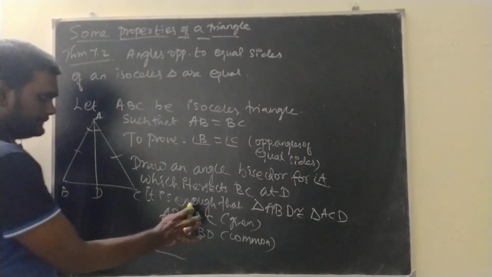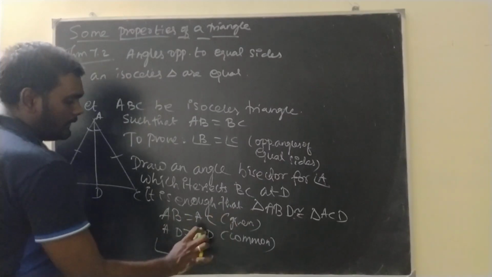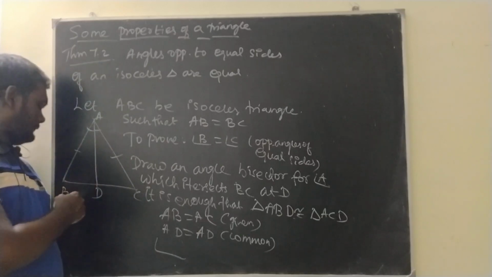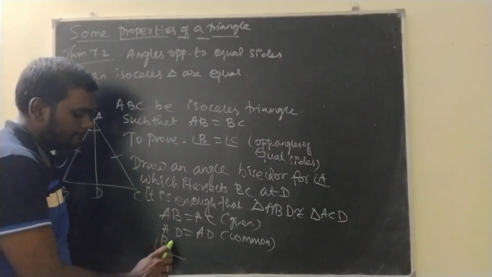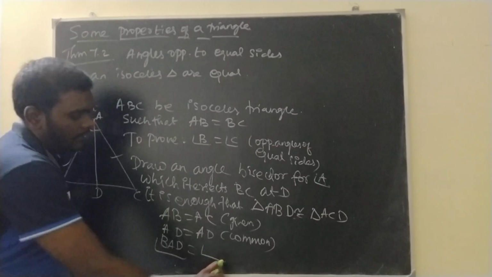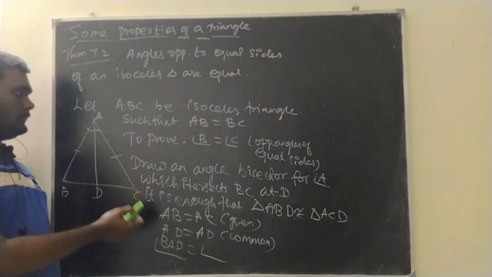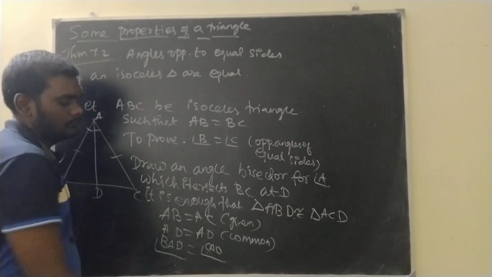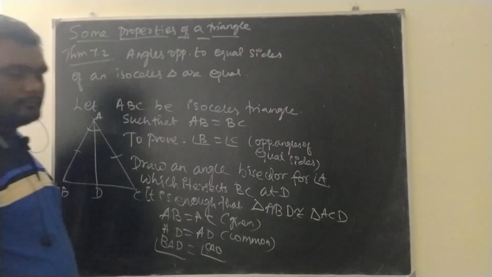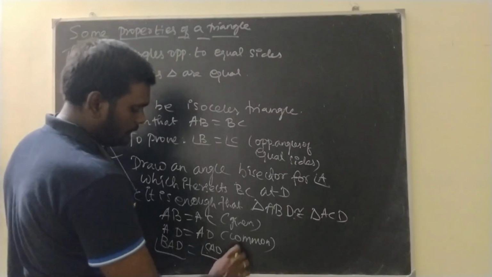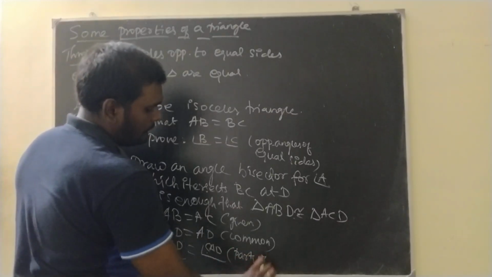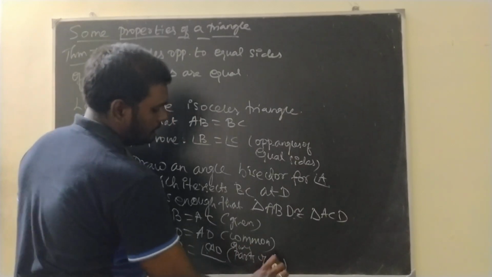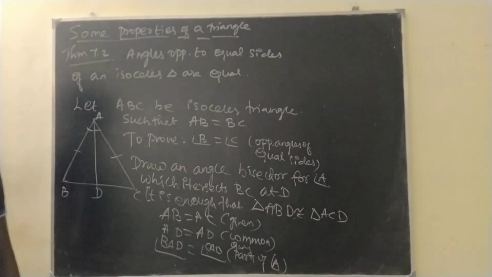AD is equal to AD. AD is the common side. Good. Then angle BAD is equal to angle CAD. That is also from the assumption, equal parts of A, or else by the angle bisector.